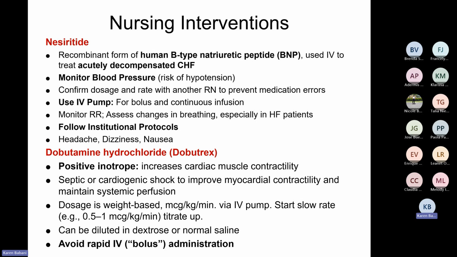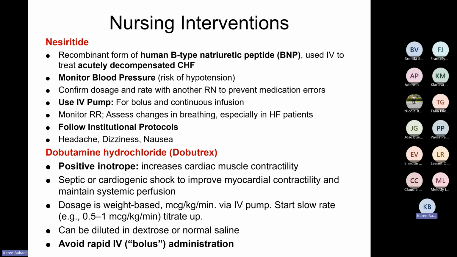Headache, dizziness, nausea. Another one very common, more than the nesiritide, because this is expensive, so not everybody's going to receive that nesiritide. Dobutamine, or Dobutrex, is more commonly used. It's a positive inotrope. Remember, the issue in cardiac failure is that the heart muscle is not contracting too well.